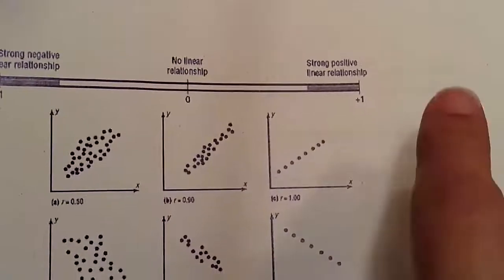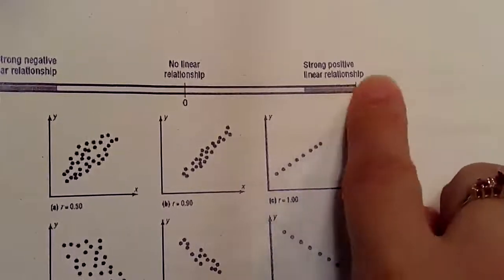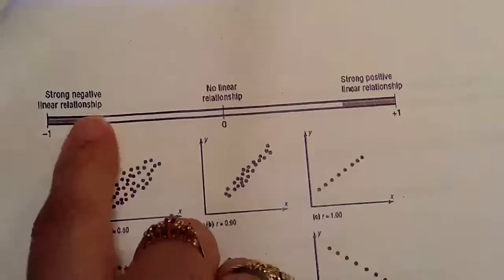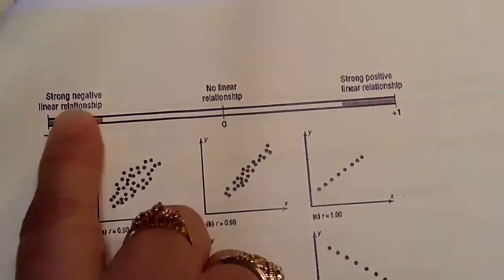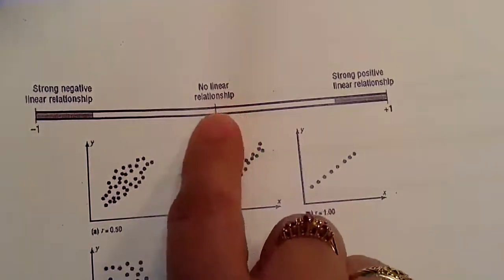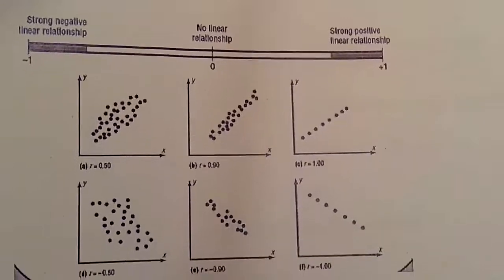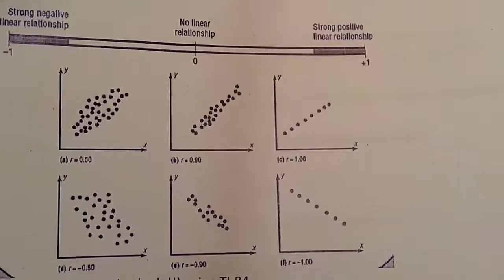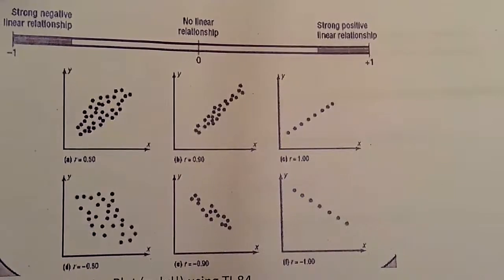See, this is shaded. If it's close to 1, it's a strong positive. You see it shaded close to -1 as well. And if it hovers around 0, then there's actually no linear relationship taking place. Here are some scatter plots with some ideas of values of r.